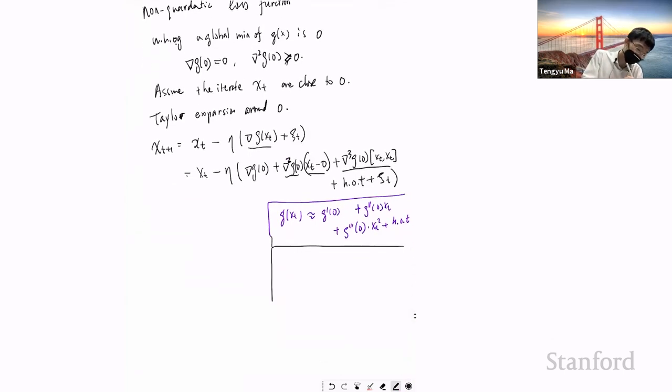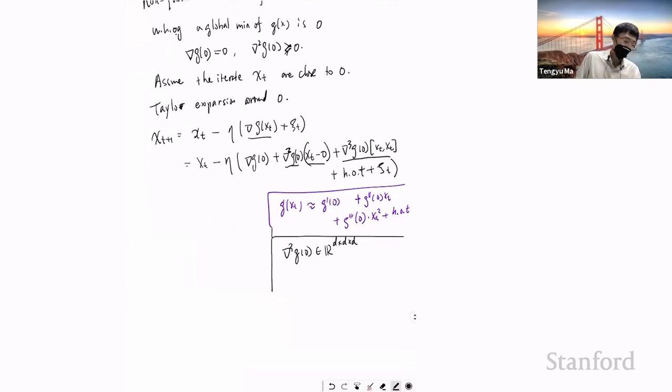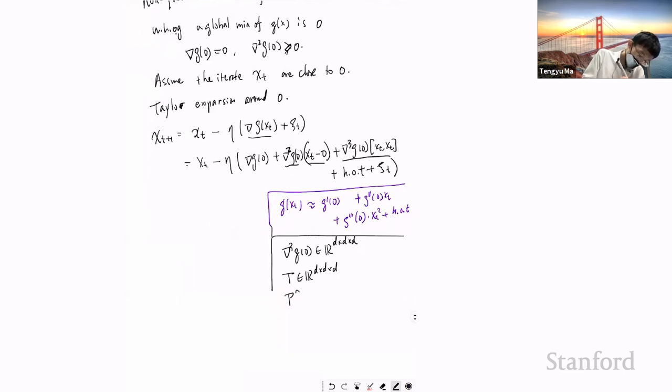Let me explain that a little bit. In the multidimensional case, this is a third order tensor of dimension d by d by d. Suppose you have a third order tensor T, then I'm using T(x, y), where x and y are vectors, to be defined as a vector. This is the multiplication of the tensor with two vectors.